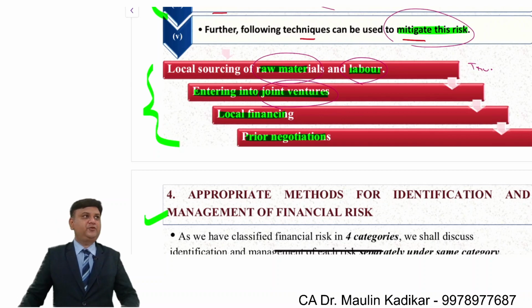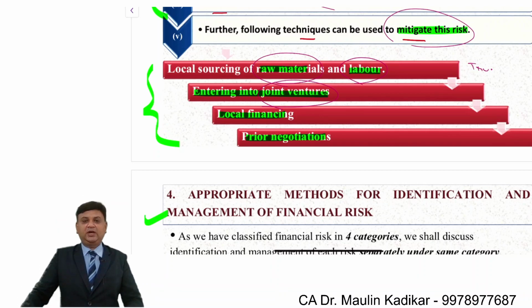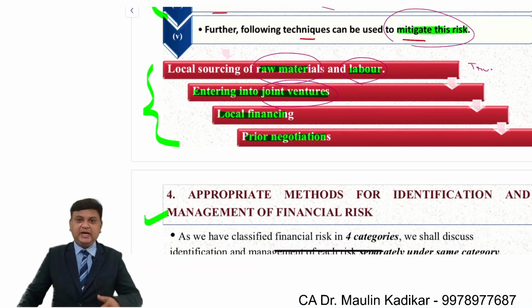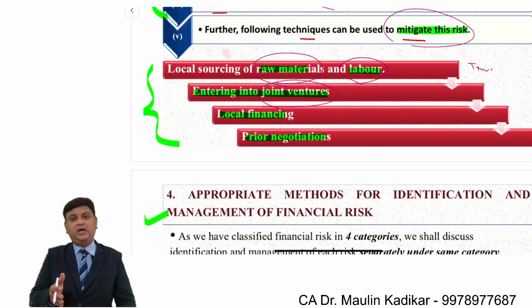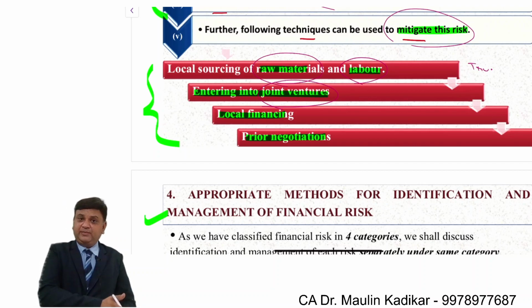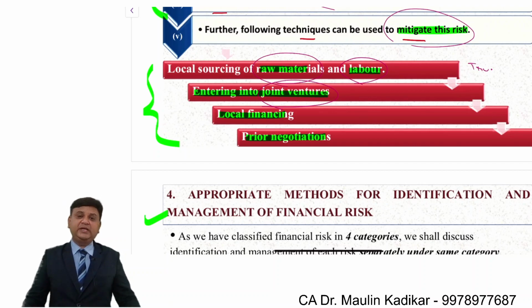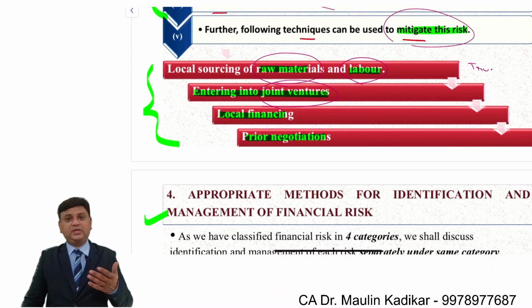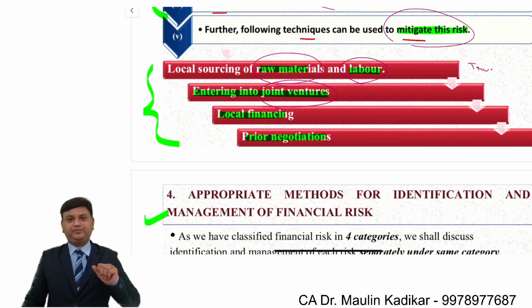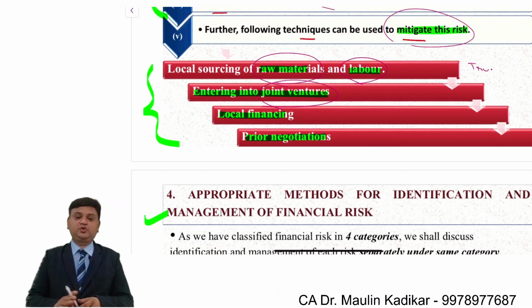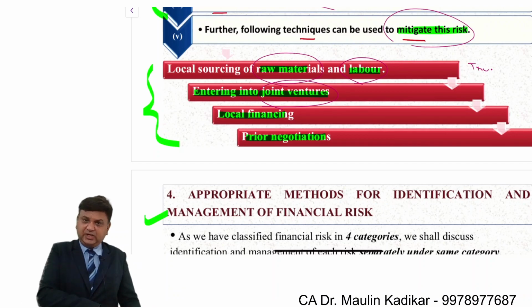Because when Infosys or TCS had an argument with the US government that we need to hire people from our own country or from outside America, why? Because we are not able to get good employees over here, because we require skilled employees. Then they had a point that if at all you want to do business over here in America, then you should employ the laborers from America only for the basic work.